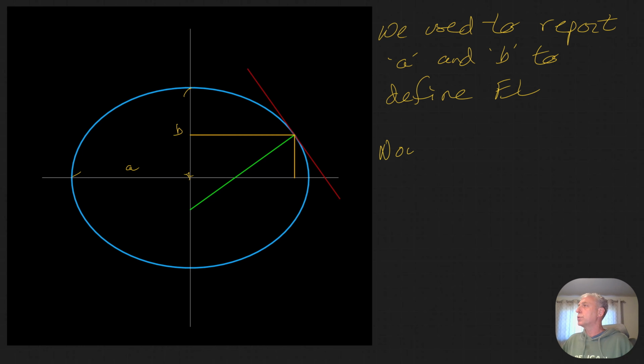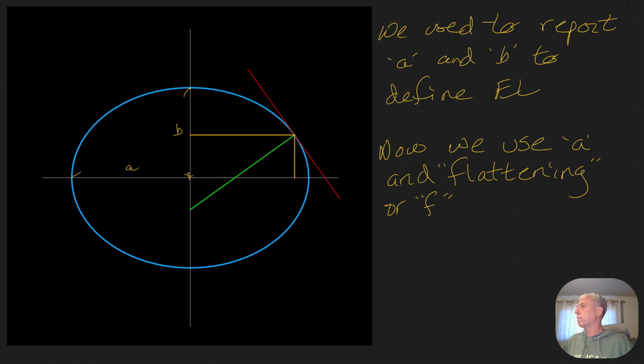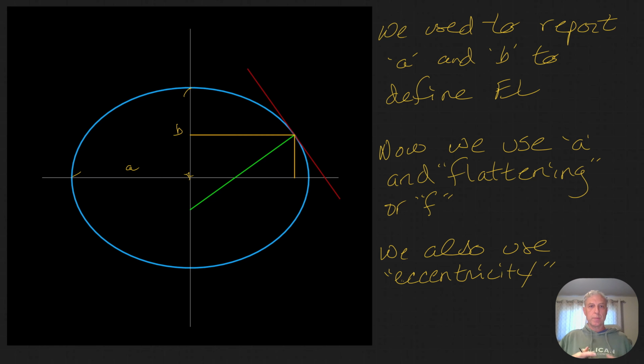Now, what we use is something called flattening. We still use A, so we use A and flattening, or F. And then we also use eccentricity, which is really just a rearrangement of the terms involved in flattening.